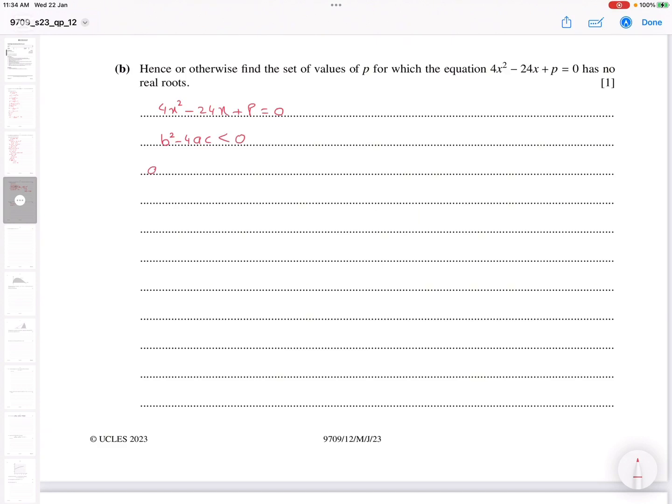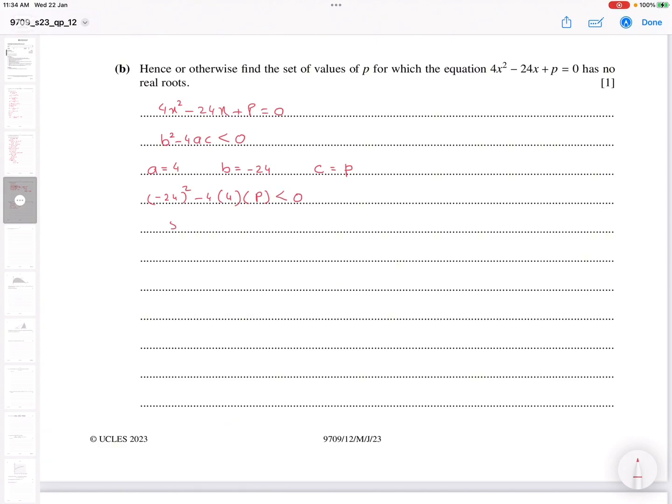My a equals 4, my b equals negative 24, and my c equals p. So negative 24 squared, minus 4 times 4 times p, less than 0.